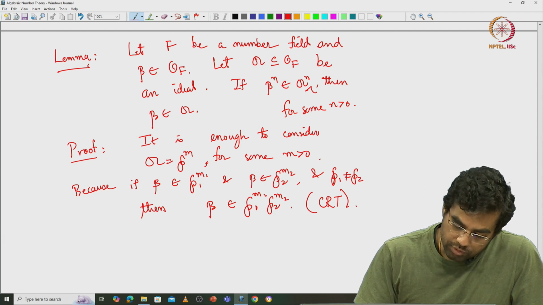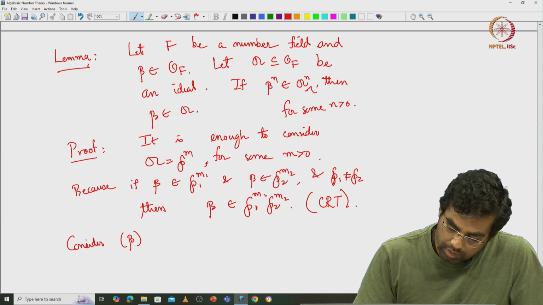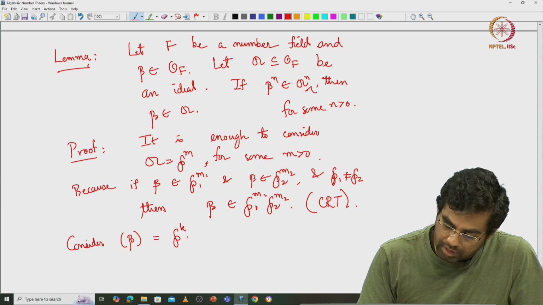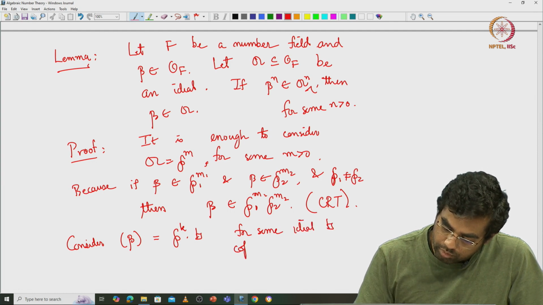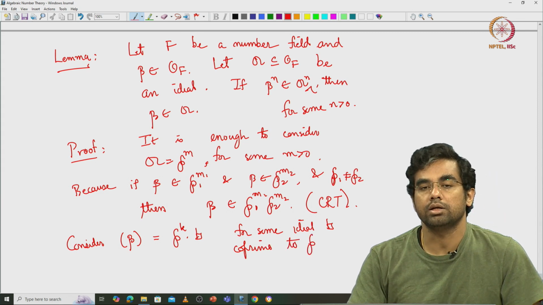All right. So, what you do is you consider the ideal generated by beta. Okay. Now, this will be equal to P to some power k times some other ideal B co-prime to P. We can always write it in this way.